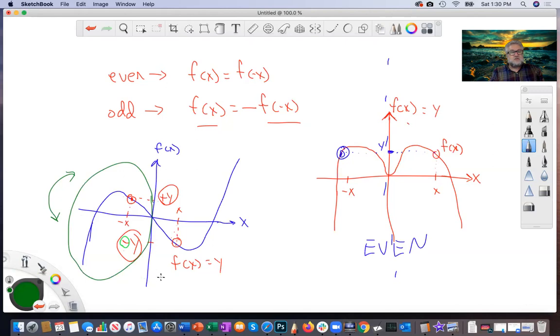So this is an image of an odd function. You flip them, they don't line up, but if I do a vertical flip of one side, then they will line up, okay? Even and odd.